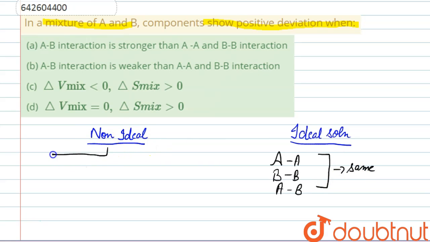There are two cases for this. One is the positive deviation and another one is the negative deviation. Now we will discuss the strength of these interactions.